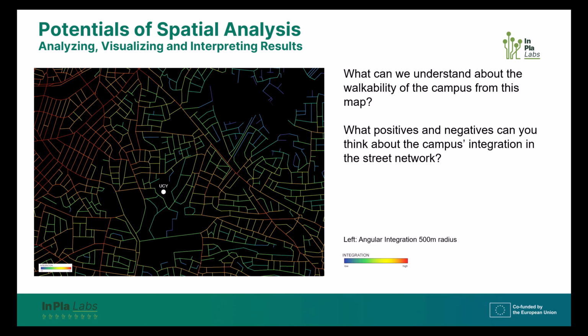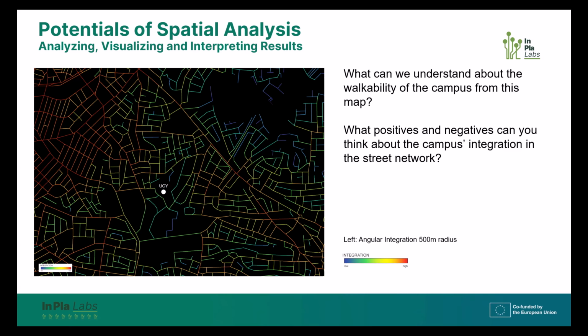So, looking at this map on the left of the screen, I've marked where the campus is, and you can see from the heat map the levels of angular integration at a 500-meter radius.